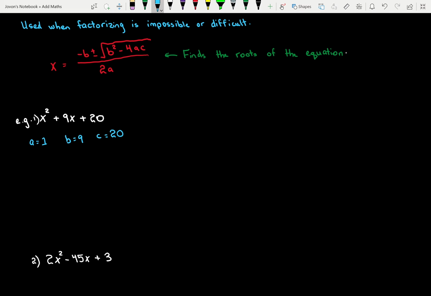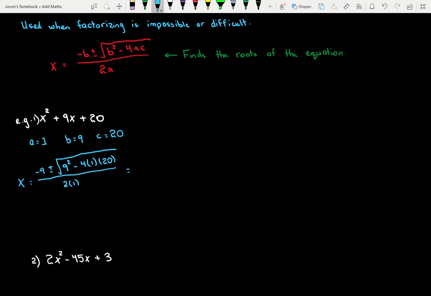So using the equation, we'll get x is equal to minus b, which is minus 9, plus or minus the square root of b squared, which is 9 squared, minus 4ac, all divided by 2a, which is 2 multiplied by 1.